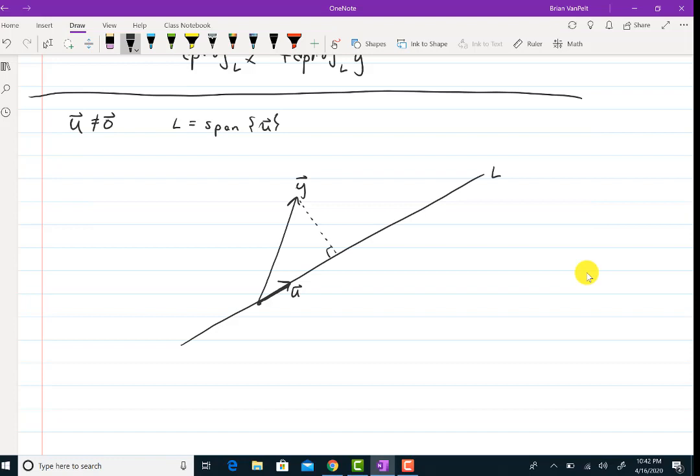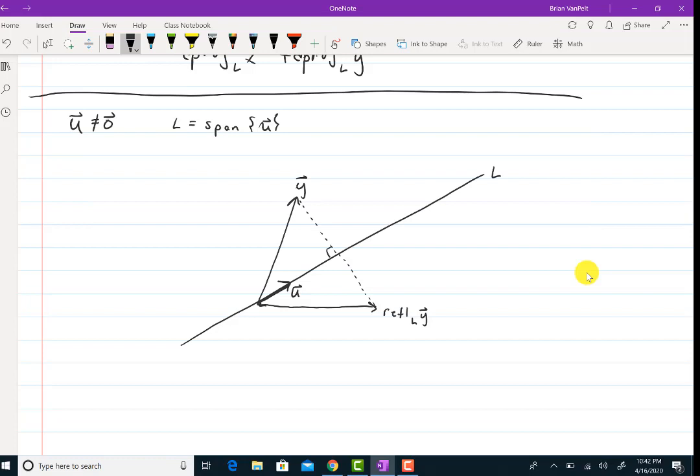Now, what if I continued the projection through and did the same amount of length on the other side and got a reflected version of y on the other side? We'll call it REFL onto L of y.